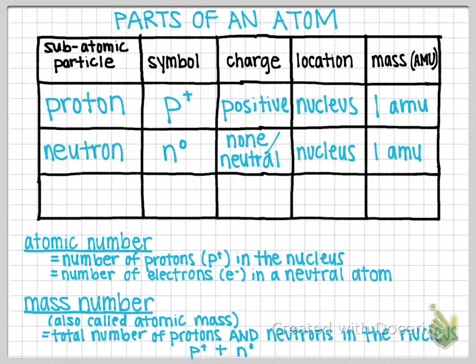And then the last subatomic particle is the electron. The symbol for an electron is an E with a minus. The minus symbolizes its negative charge.